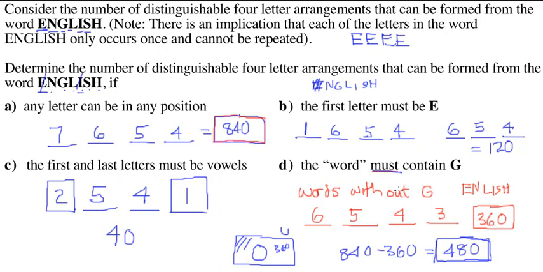In a lot of these questions, it can be easier to find the opposite of what they're asking, in this case, words without a G in them, rather than try to deal with, okay, I've got the G, what other letters did I use and where did I place them?